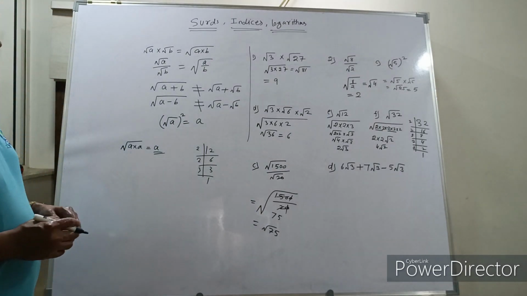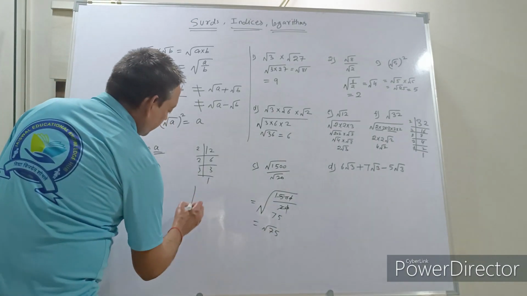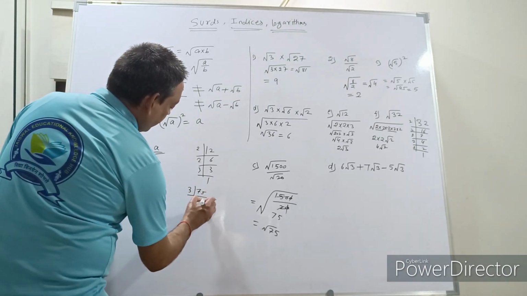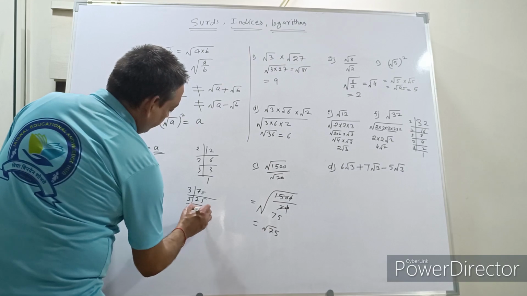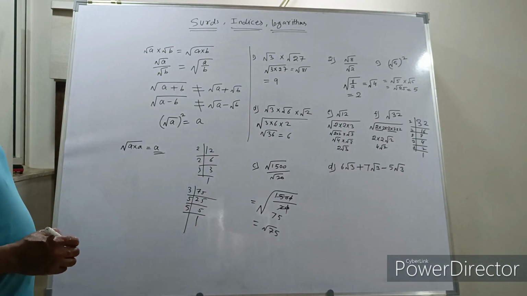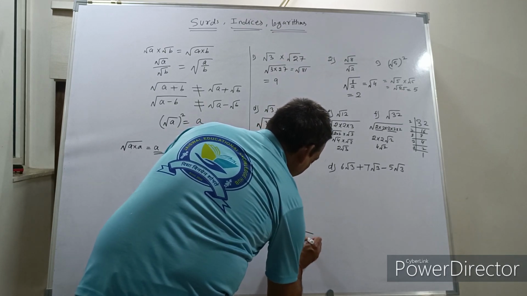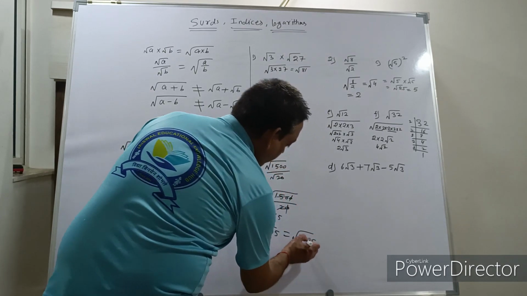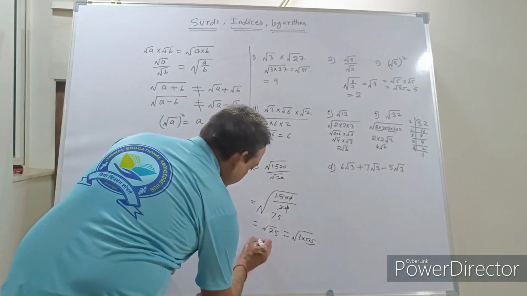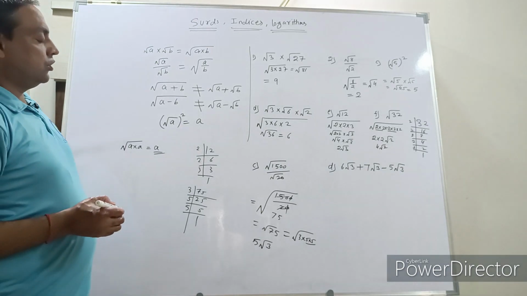Root 75 we can still simplify, so we'll take the factors of 75. 75 first comes in the 3 table: 3 25s, then 5 5s, and again 5 1s. So 3 into 5 into 5. So you can write root of 3 into 5 into 5. From this, one pair is given, square root of 5 into 5 becomes 5. So the answer is 5 root 3.